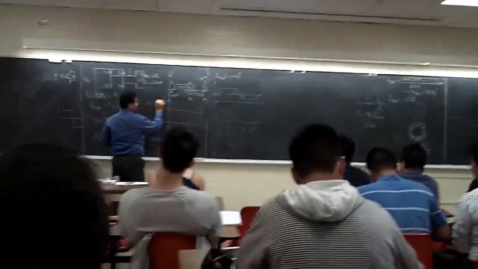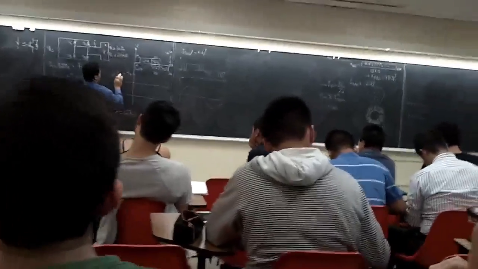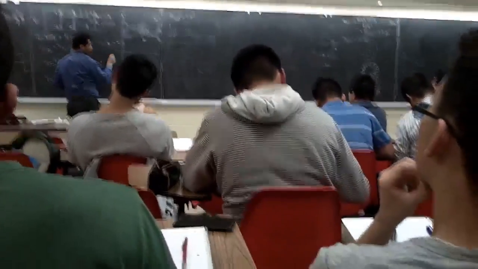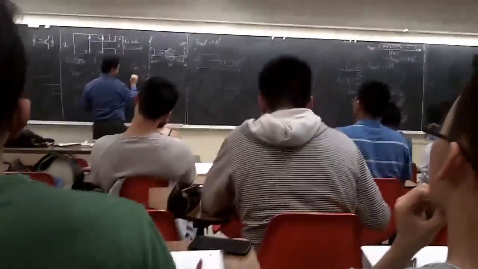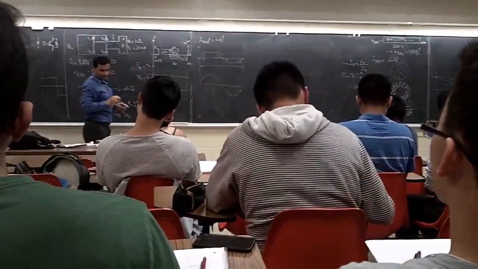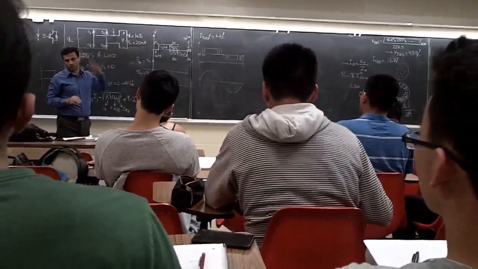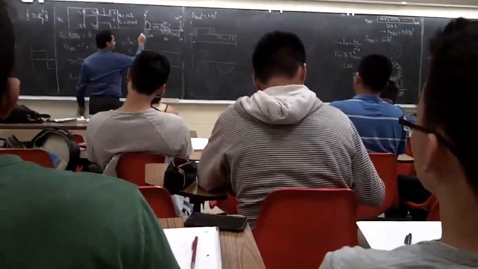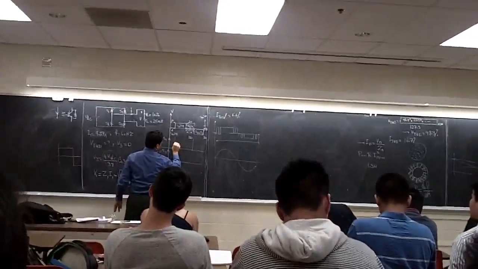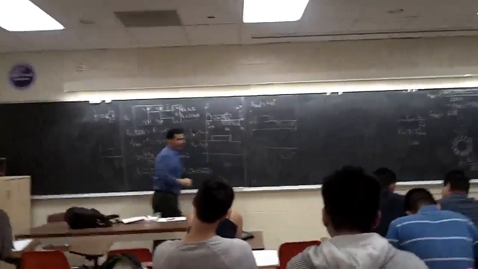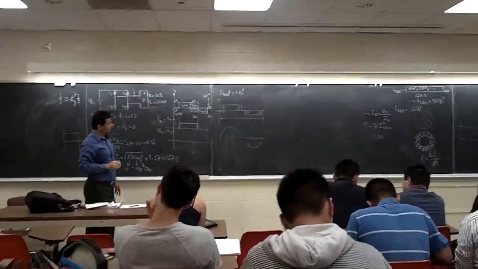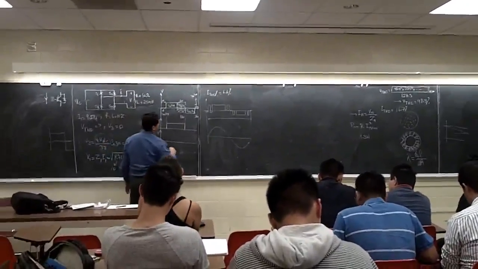Because for the other two, S2 is the complement of S1, and S4 is the complement of S3, right? If I know S1 and S3, the other two are also known. Based on what is said here, S1 is going to be on this one, right? S1 is this one. So how about S3?